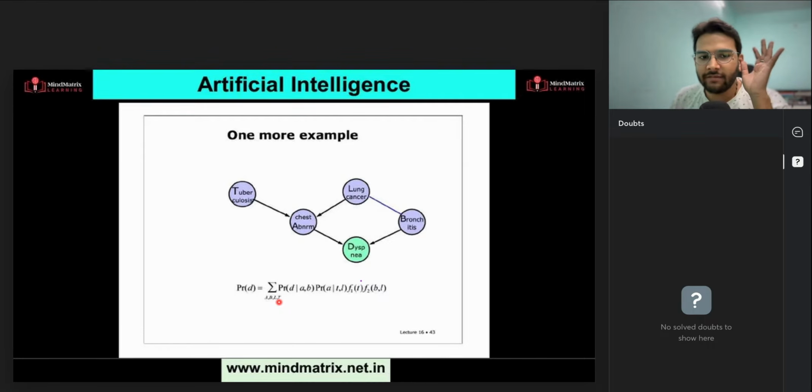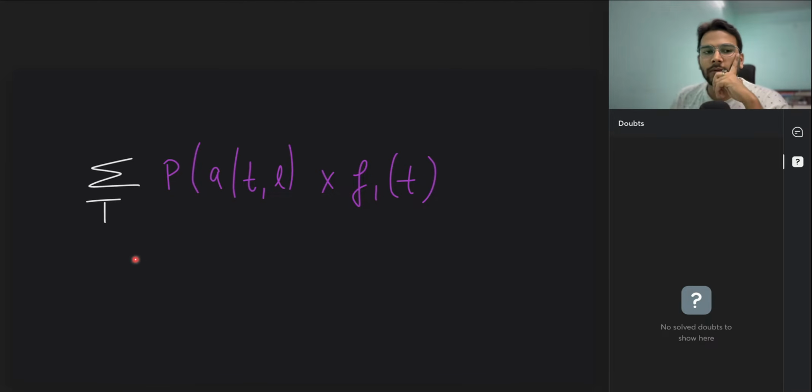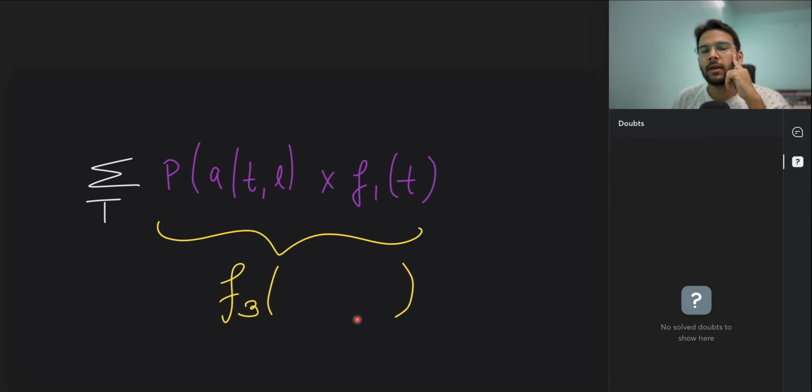Now the next variable we have is T. T is present in these two terms. Carefully observe, we already have one factor term, F1 of T, and we have probability of A given T comma L, into F1 of T, and we are summing over this variable T. What should be the next factor, let's say F3?